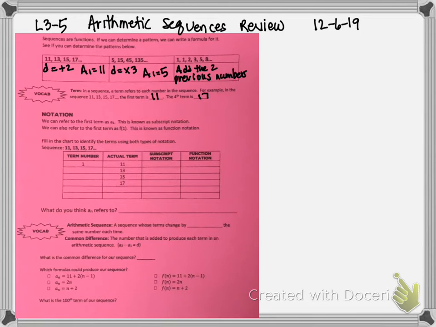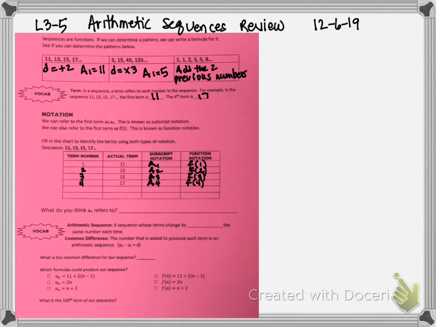So fill in the chart to identify the terms using both types of notation. So you've got term, the first term is 11, and we could say that this is a sub 1. We would also say it's the function at 1. So what I'm going to do is pause this and fill it out. You guys can continue filling it out as well.